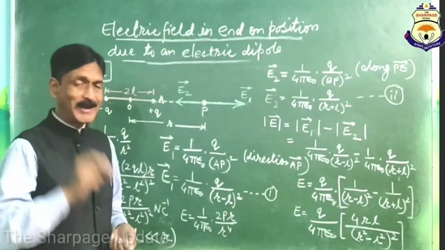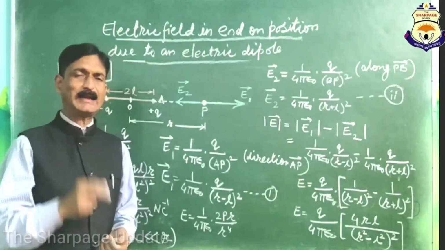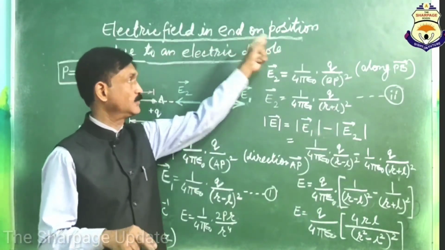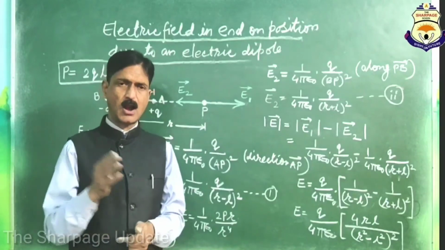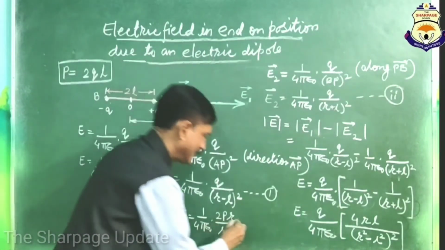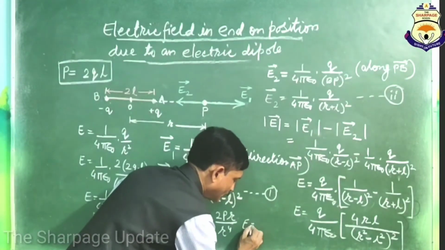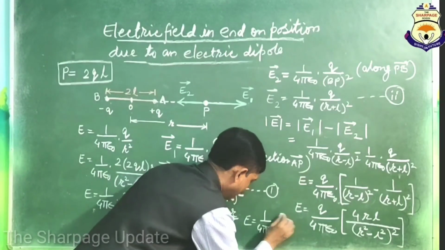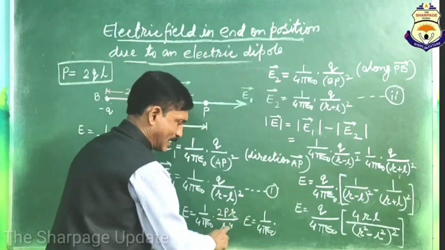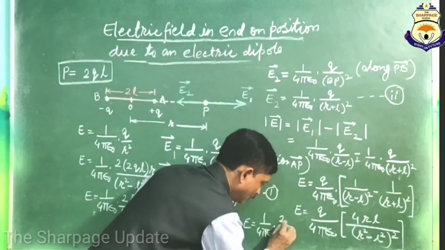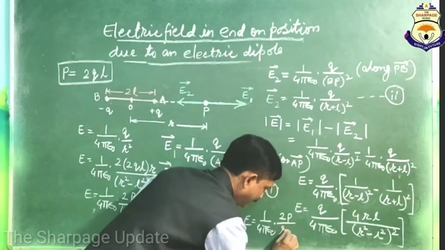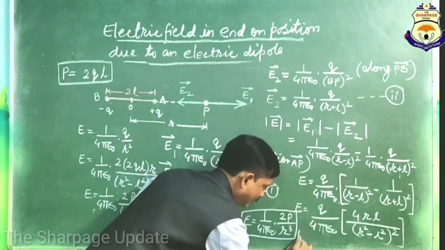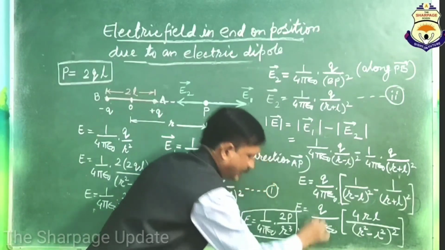So, the final relation for the electric field intensity due to an electric dipole in end on position or axial position or longitudinal position will be E equal to 1 upon 4 pi epsilon 0 into 2pR upon R to the power 4. So we get 2p upon R cube Newton per Coulomb.